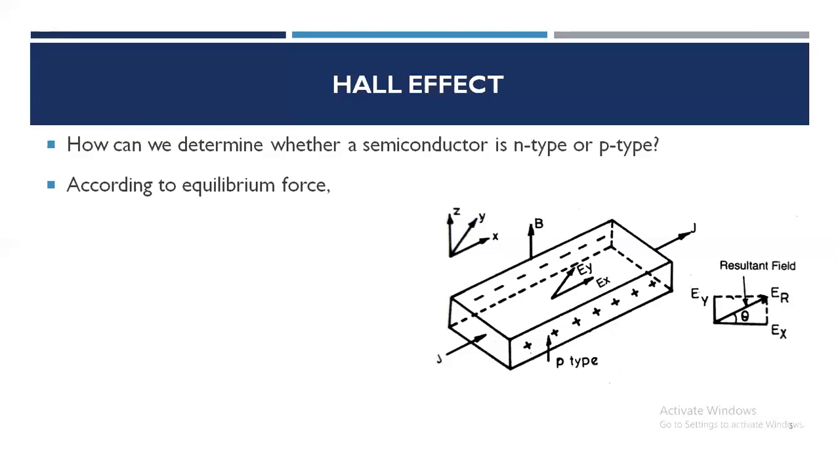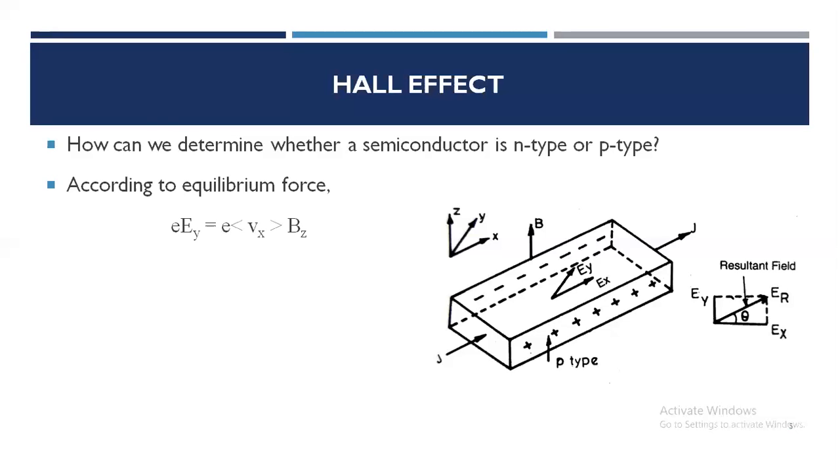However, in case there is only one type of charge carrier, the density of charge carriers can be found from the measurement of the so-called Hall coefficient, indicated with the capital R with the suffix H, the Hall coefficient of the material.